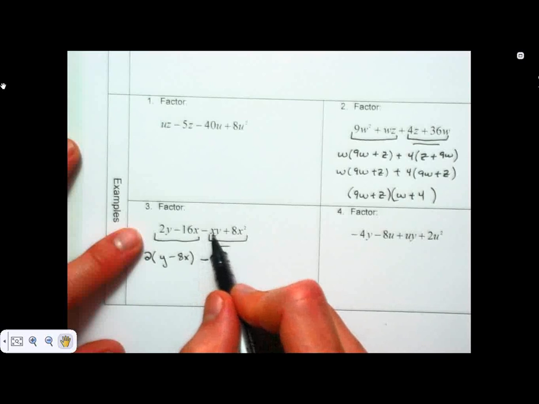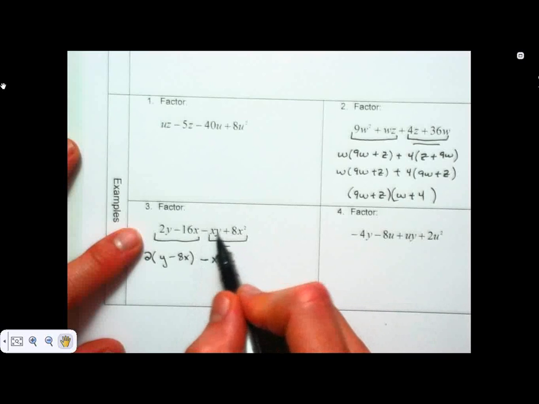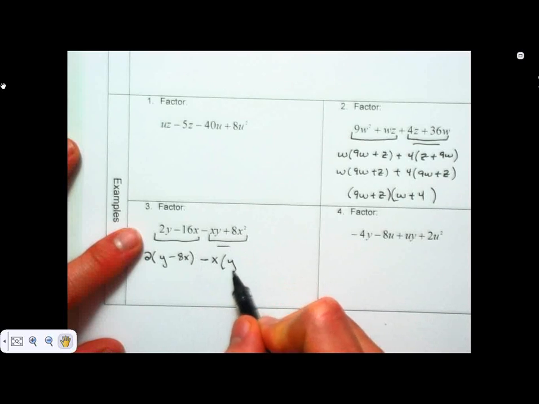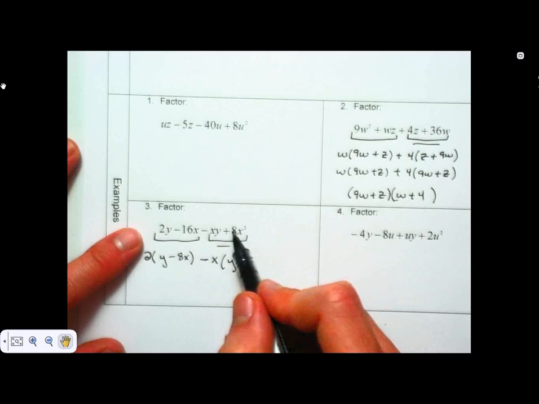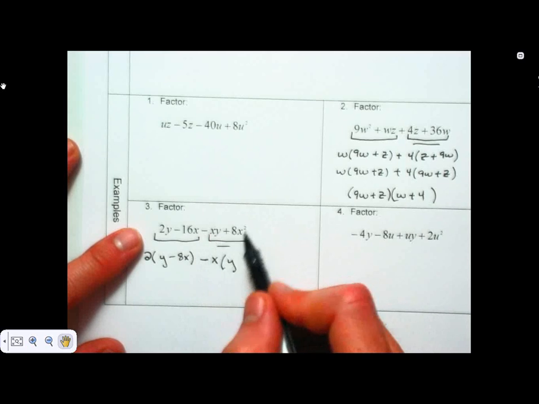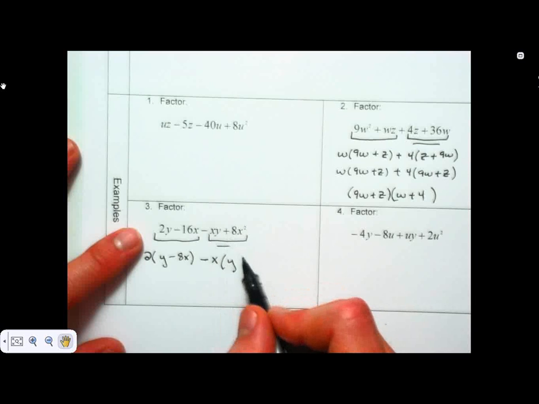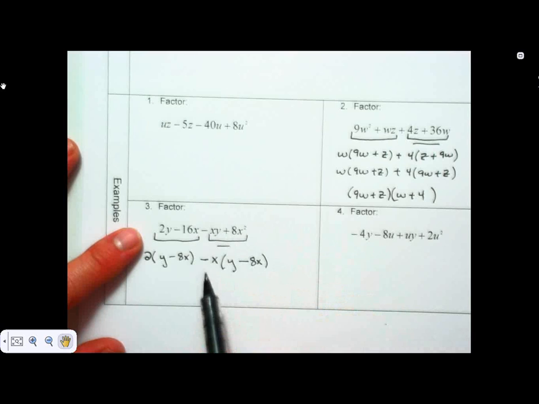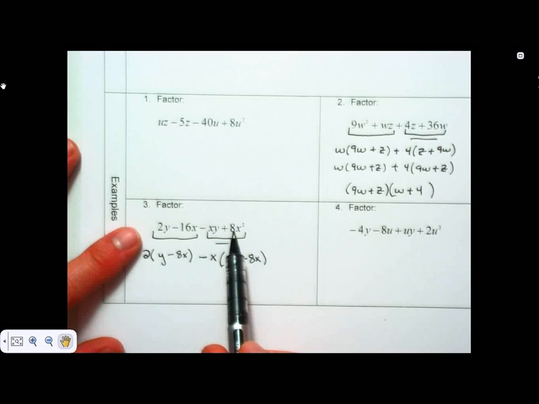If I factor a negative x out of the first term, that leaves me with just a positive y. And if I factor a negative x from the second term, which was positive, that's going to leave me with minus 8x. Okay, again, why is that? Negative x times negative 8x is going to give me a positive. When I factor, it should never change what I started with.